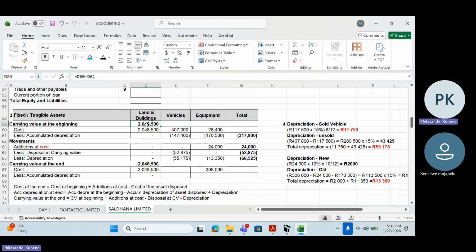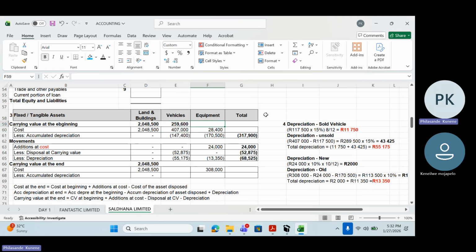How much will be the carrying value for vehicles? 259,600 rands.